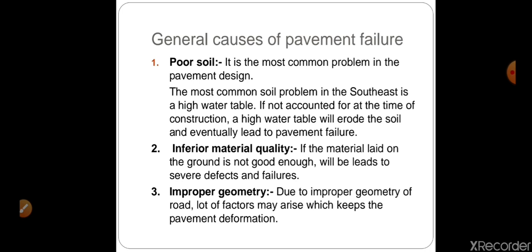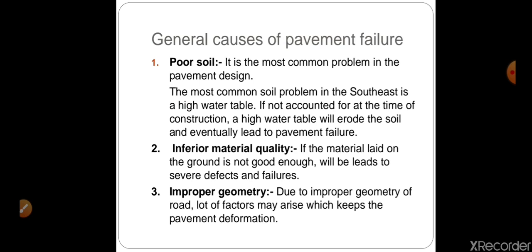In the next slide, it's about how pavement failure occurs. The first one is poor soil. It is the most common problem we can face in a pavement design. Second is inferior material quality. If the material laid on the ground is not good enough, obviously it will lead to several defects and failures.